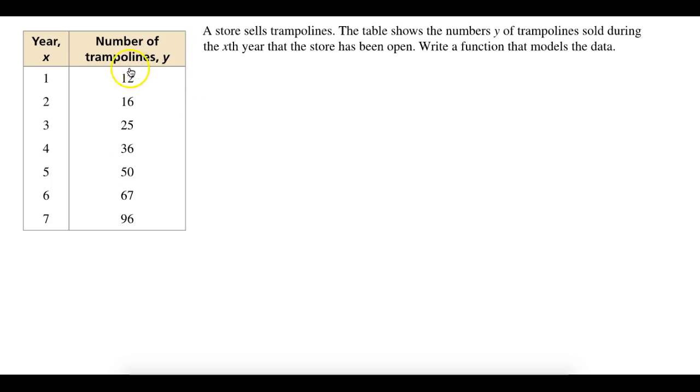So y is the number of trampolines sold, and x is the number of years it's been open. In its first year it sold 12, second year 16, third 25, fourth 36, fifth 50, and so forth. You can see that the data has gone up by a large amount every year that it's been in existence.